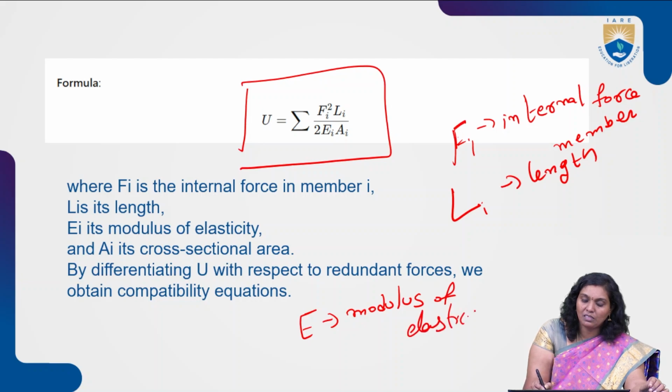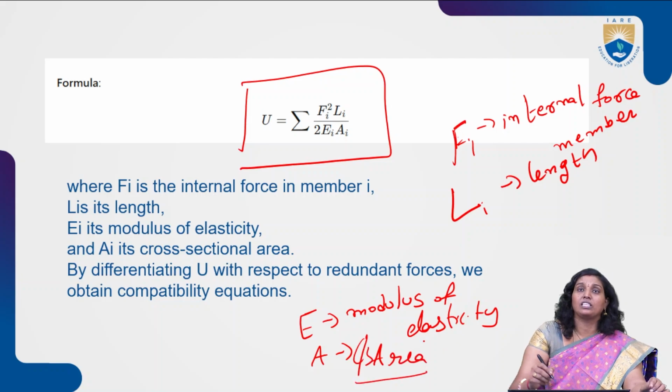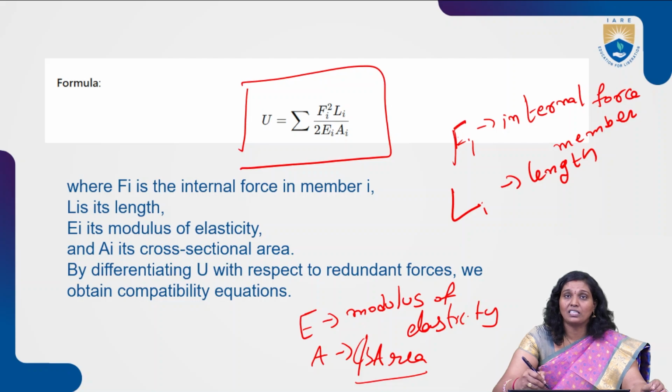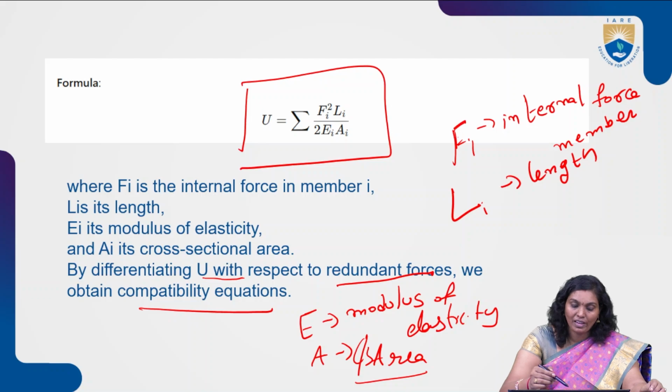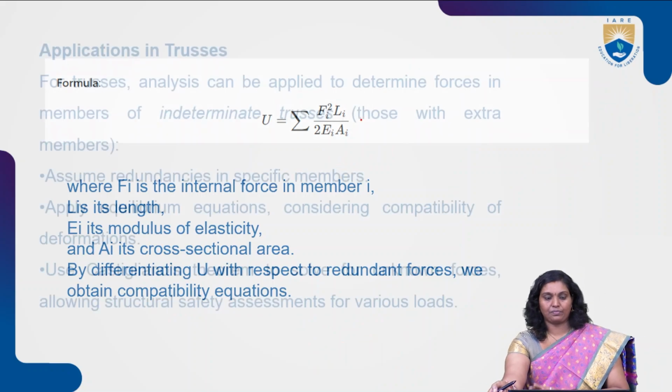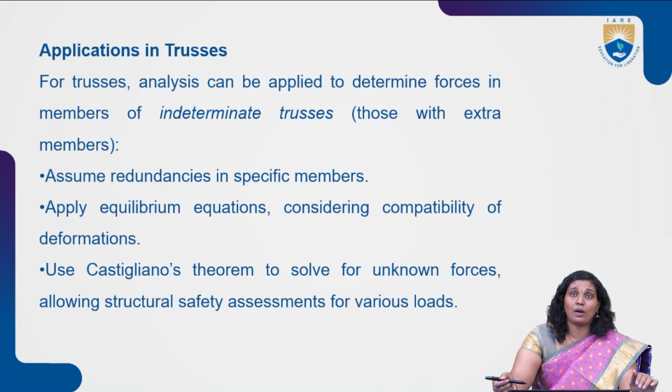A is the cross-sectional area. These are the parameters we are going to understand. Differentiating this U with respect to the redundant forces, we obtain the compatibility equations. So in this formula, F is the internal force, L is the length, E is the modulus of elasticity, and A is the cross-sectional area.